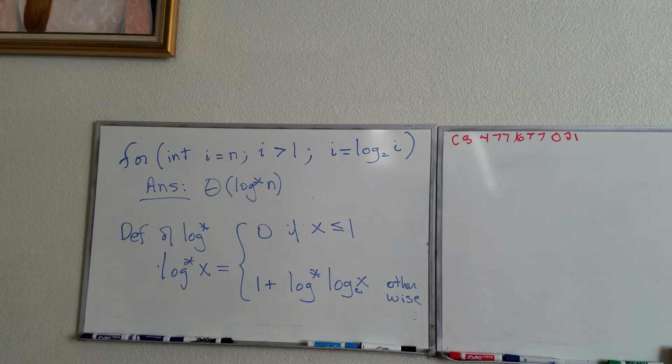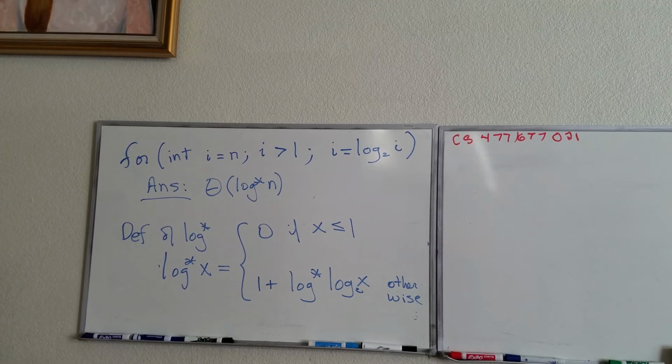Let's assume our calculator has a button for log base 2. We put in the number x, and then press that button until we get a number that is no more than 1, I mean, less than or equal to 1. When you get to that, you stop. And the number of times you push the button is log star of x.